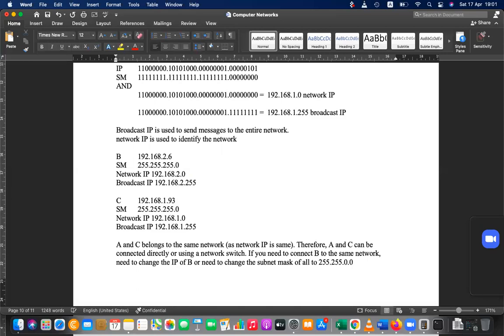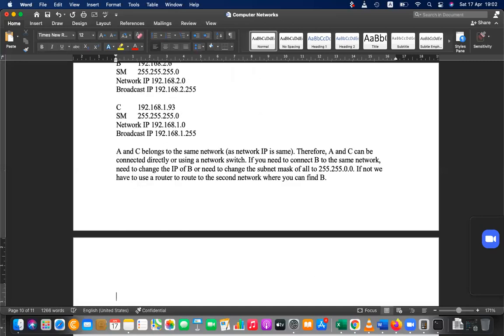If you change the subnet mask, then this can also be accomplished. If not, we have to use a router to route to the second network, where you can find B. So these are the possible solutions.